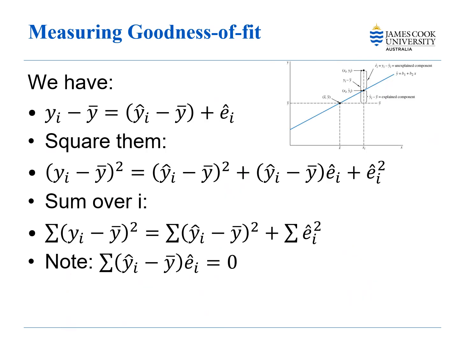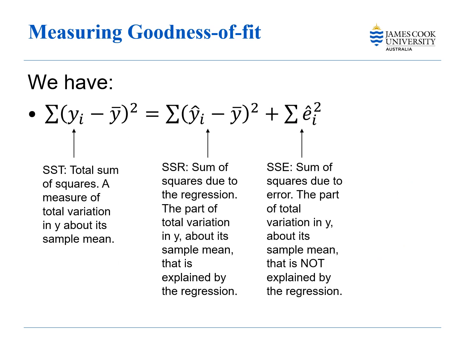So this is from algebraic manipulations of the terms, and we arrive at this equality. This is what we call SST, the total sum of squares. It's a measure of total variation in y about its sample mean.